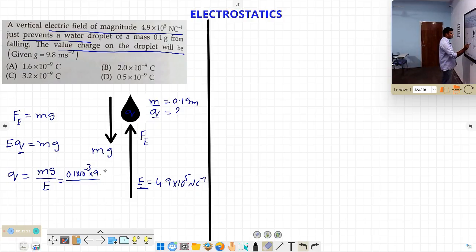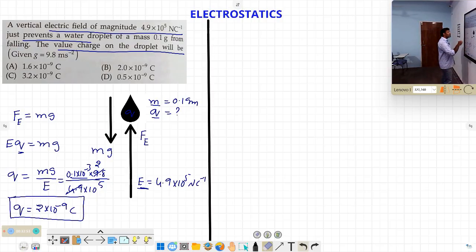So 9.8 divided by the given electric field 4.9 × 10^5. How many times does 4.9 go into 9.8? That is 2 times, it cancels. So 10^5, if you take it upward, becomes plus. Q = 2, with 10^-4 and 10^-5 giving 10^-9. So 2 × 10^-9 coulombs is the answer to your question.